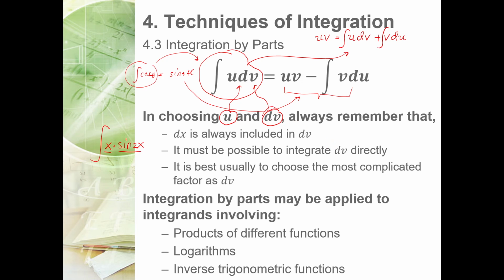And it's best to choose the most complicated factor as your dv, so your dv should be complicated, but your u is simple. Just go back to the recording later and identify these three important tips as we go along with our discussion.